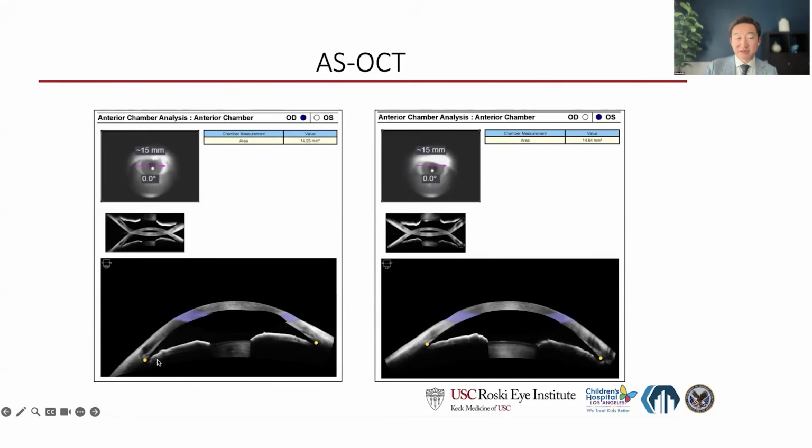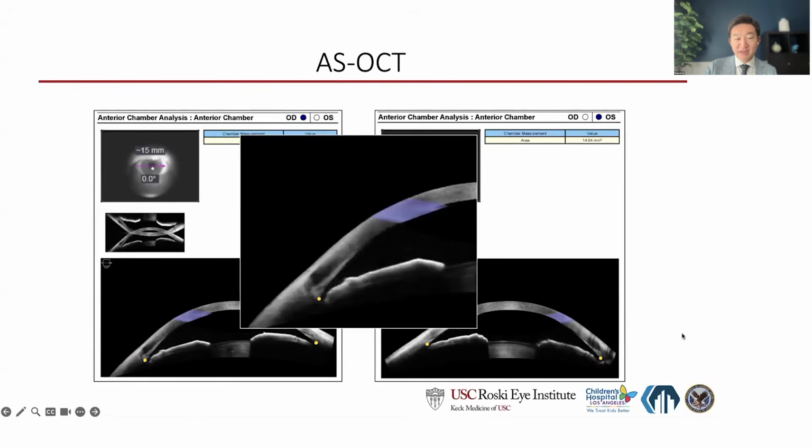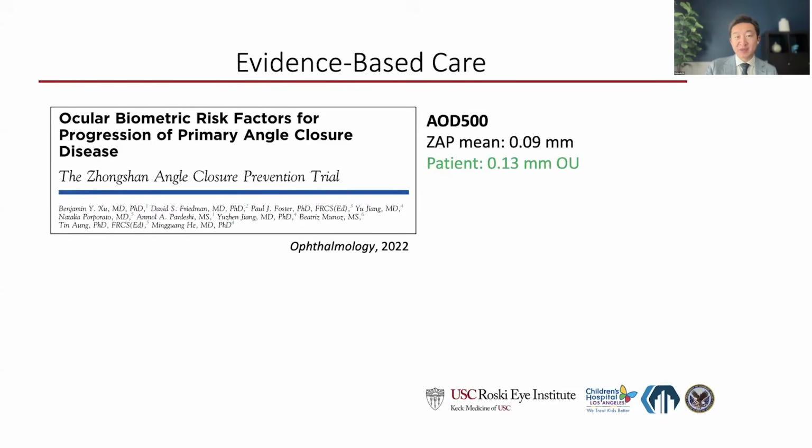Therefore, there's an absence of iridotrabecular contact in both the right eye as well as in the left eye. And here's a zoomed in view that shows that even though we could not visualize the pigmented trabecular meshwork, there was no iridotrabecular contact. We also obtained an AOD 500 measurement of 0.13, which by itself is difficult to interpret.